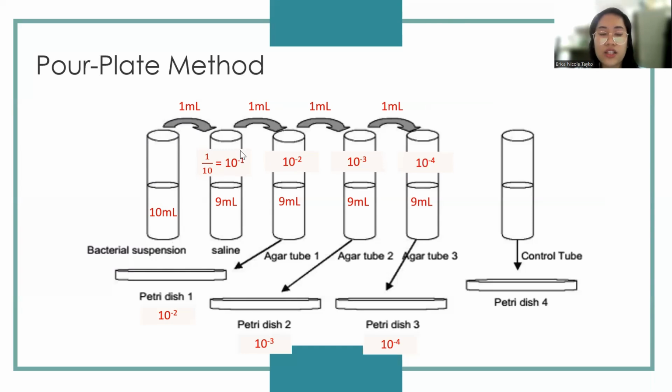The proportion is that 1 ml of the bacterial suspension is dispersed into 10 ml of a solution. So that means your dilution factor in that case will be 10 raised to negative 1.